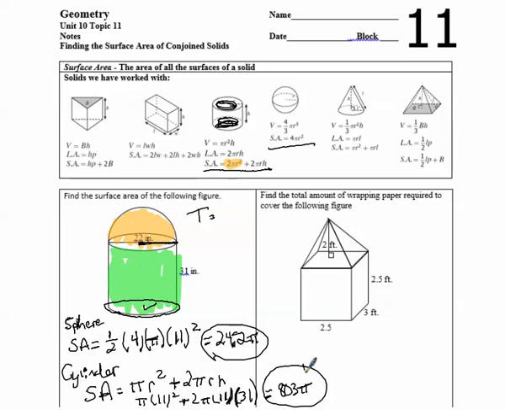So 242 plus 803 equals 1045 pi. Now I'll multiply it by pi, and I get 3282.96. Let's round to the nearest whole number, so 3283. And we're in inches and it's area. Both of those added together.